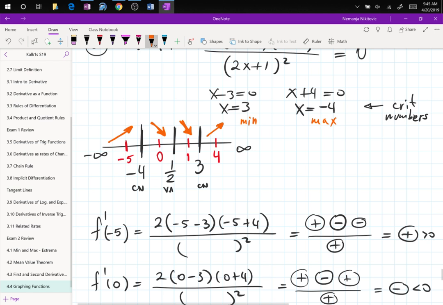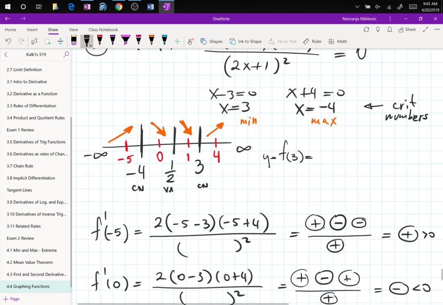Graph shows that. You see that it looks like this above negative 4. Well, that has a max. And you see that it looks like this, right? Decrease and then increase for 3, which means 3 is a min. Now we need the y values for these, so we can find quickly the y value for f of 3.